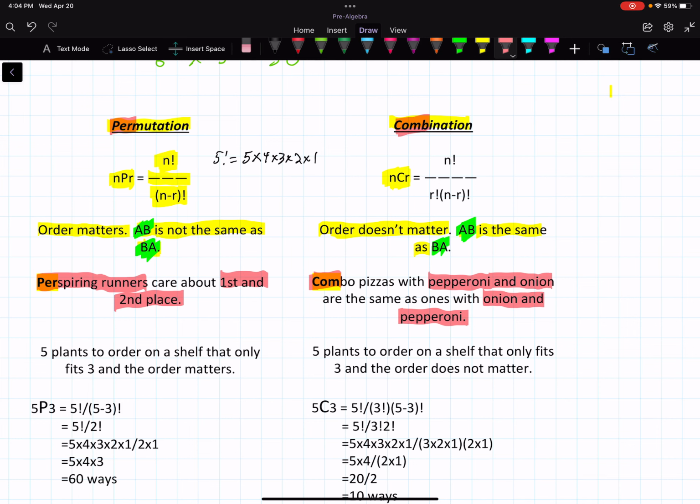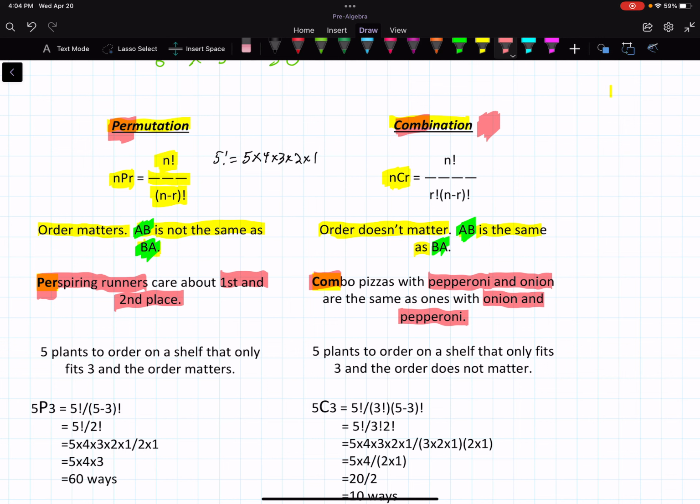So just remember, combo pizza is like a combination: pepperoni and onion is the same as onion and pepperoni. And permutation is like perspiring runners, where the place coming in first and second does matter.